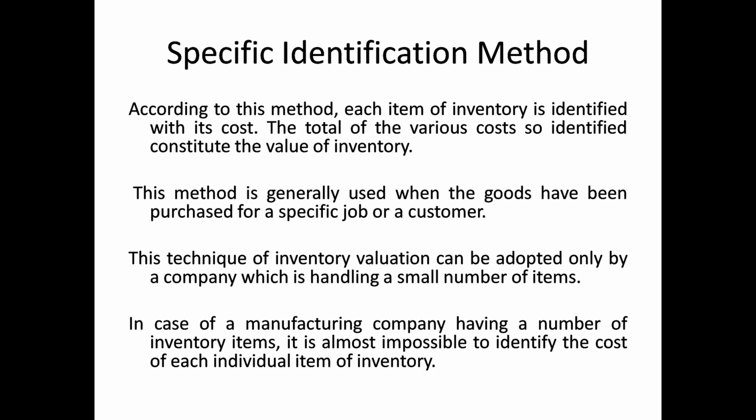You can understand the reason because you need to allocate a job code or barcode for each and every inventory group. In case of a manufacturing company having a large number of inventory items, you can't apply this specific identification method. Now we are going to learn how we are going to record inventory details under specific identification method.